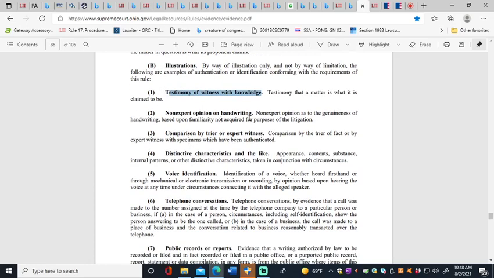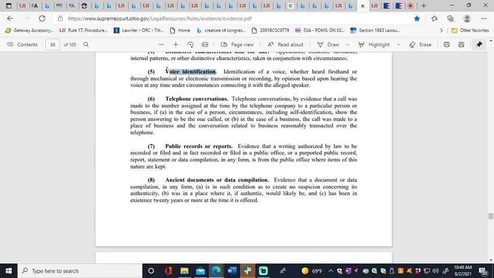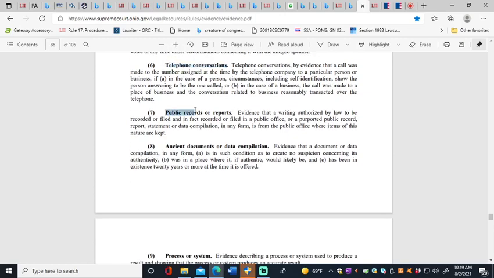Non-expert opinions on handwriting, okay. Distinctive characteristics and the like. Comparison by trier or expert witness. Voice identification. Telephone conversations, right? Public records and reports. This is very important.